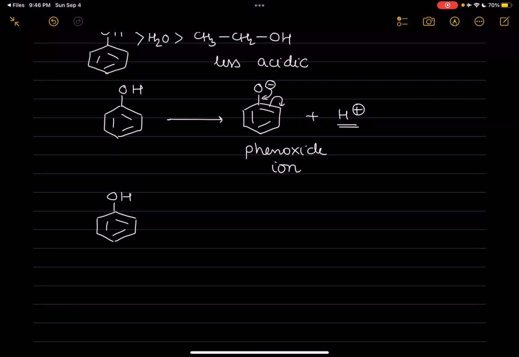Yeah, phenoxide. But what reagent do you need to put? Yeah, you can react it with base.